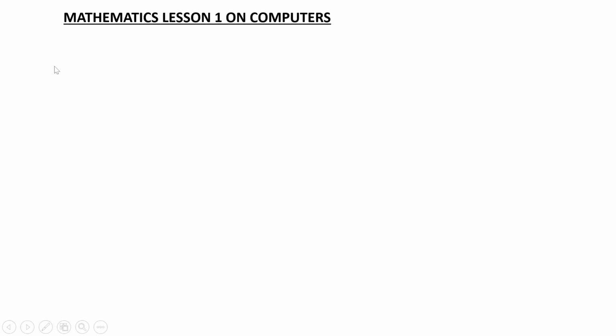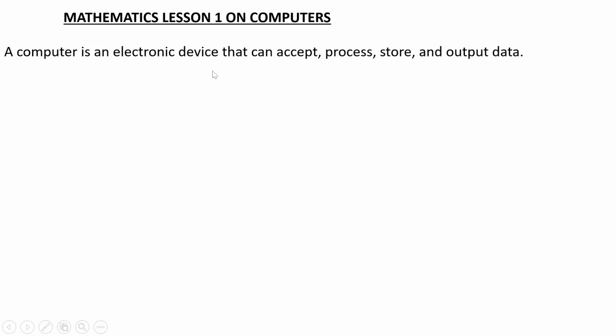You need to know, guys, that a computer is an electronic device that can accept, process, store, and output data. This is simple English, guys. As a grade 12 learner, you must have developed your English to a standard where simple sentences like this don't need much explanation, because there is nothing actually to explain here.